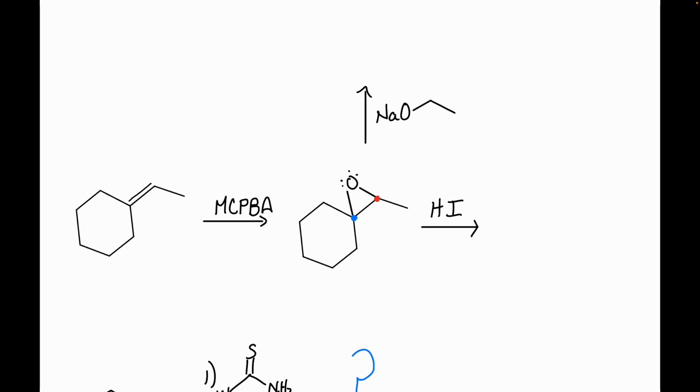Actually, probably the strongest acid that you can buy on the market. So yes, absolutely, this is going to be an acidic condition mechanism, which means that we're going to be adding to the more substituted carbon, surprisingly. So absolutely, I'm going to put it on the blue carbon. That means that my red carbon gets that OH group.